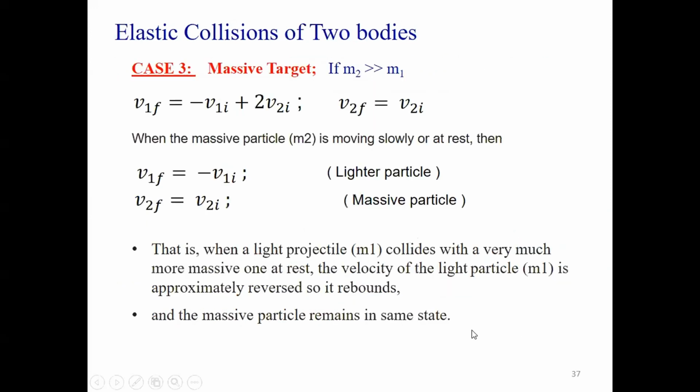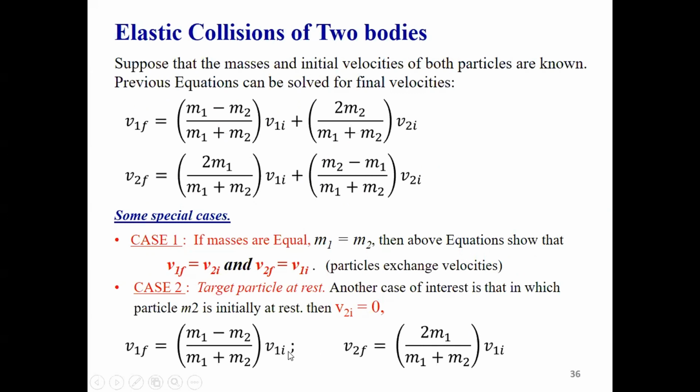Further simplification can happen, and let me show here. Now, if the mass m1 is equal to m2, then this v1f will become 0, and v2f will become v1I. This shows that if particle number 2 was initially at rest, then the final velocity of particle 1 will be 0, and the final velocity of particle number 2 will be exactly the initial velocity of particle 1.